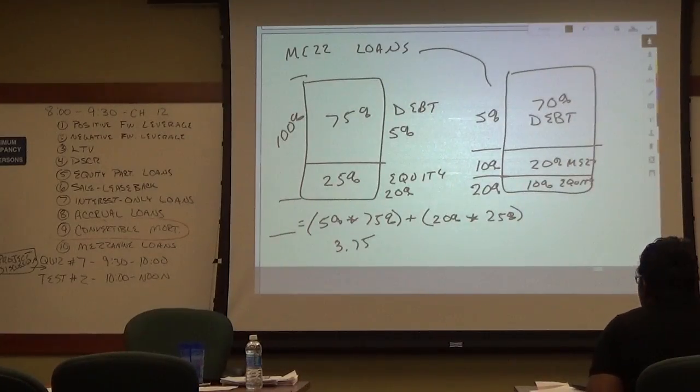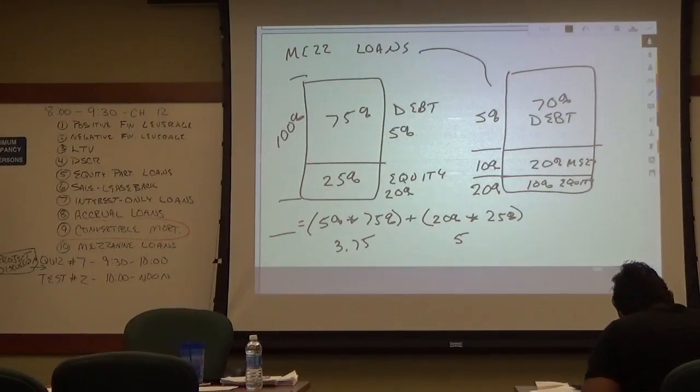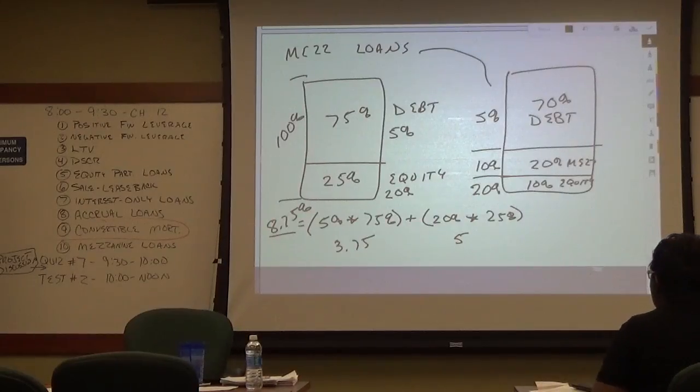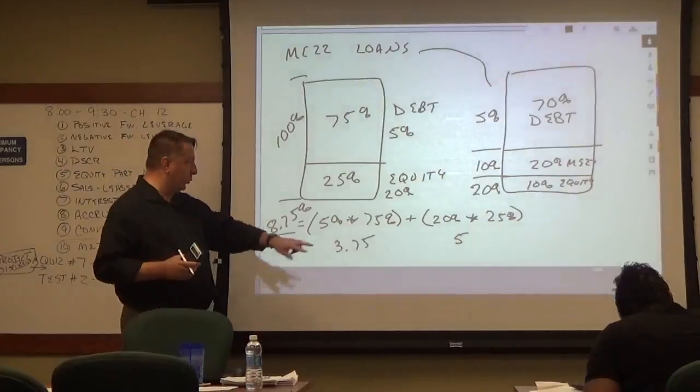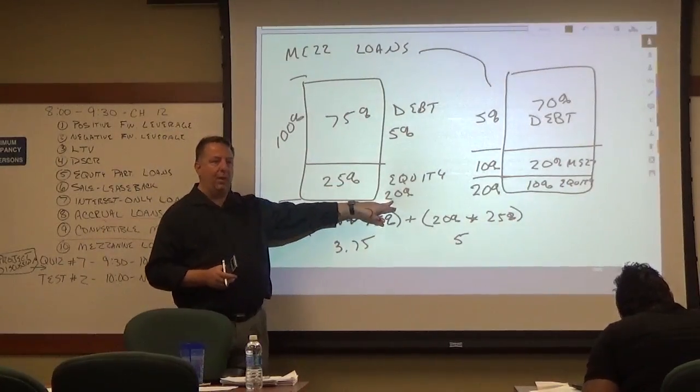And this would be 5. Our total project return would need to be 8.75. Does that make sense? And that's just to break even. Well, break even, but not necessarily in a bad way, because we're giving ourselves the rate of return that we want to get.